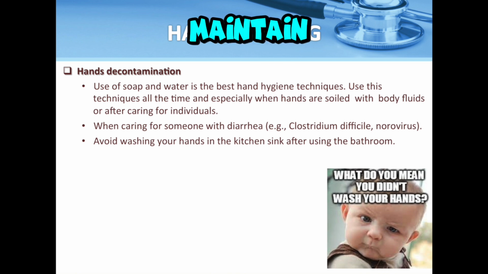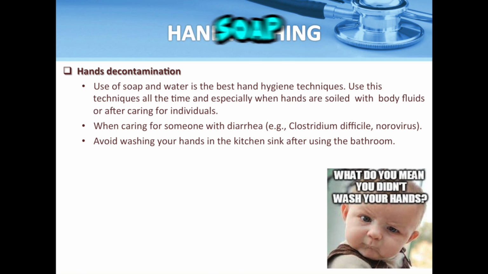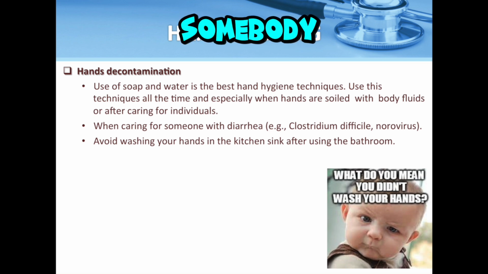How do we maintain clean hands? By using soap and water. That's the best way to maintain good hand hygiene. Use this technique all the time, and especially when your hands are soiled with body fluid or blood, or when you're caring for somebody.